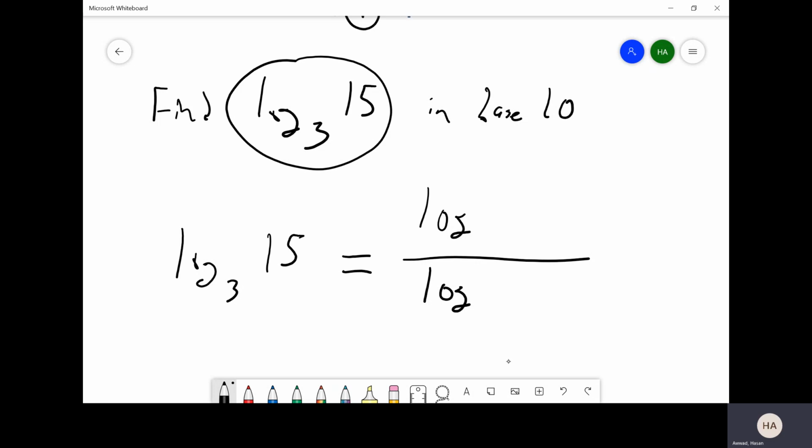And I'm omitting the 10 because log base 10 is just the common log, so I can just write log. I don't need to write the actual base. If you did write log base 10, that's okay, but you don't need to. And now we just need to figure out what these values are.